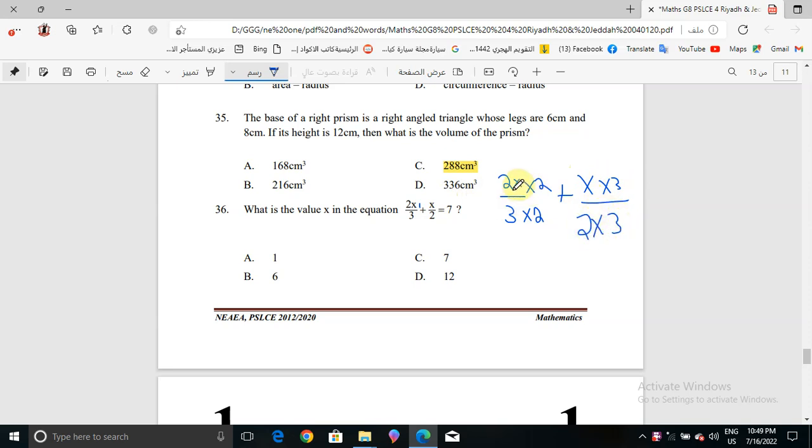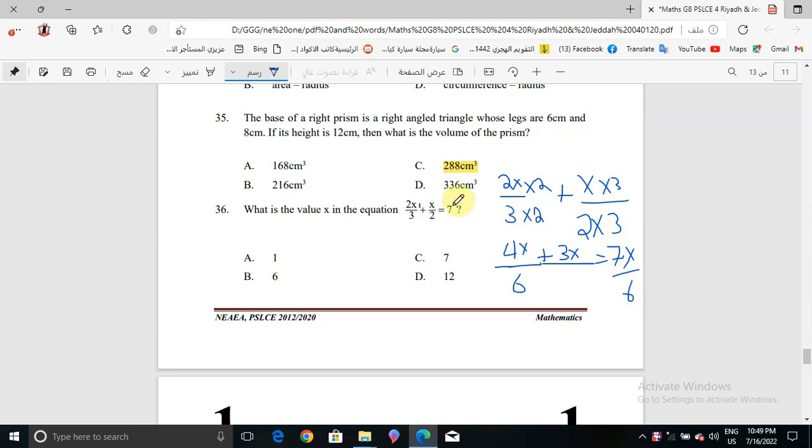Then what we'll get here, 2x times 2 will be 4x, then 3 times 2 is 6, plus x times 3 is 3x. Then 4x plus 3x is 7x, so 7x over 6.